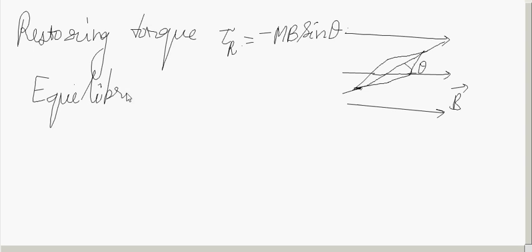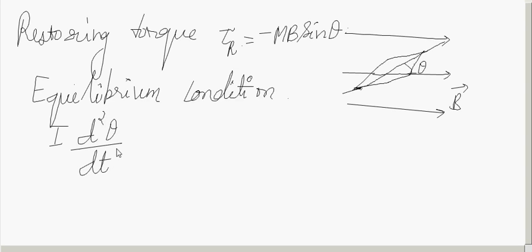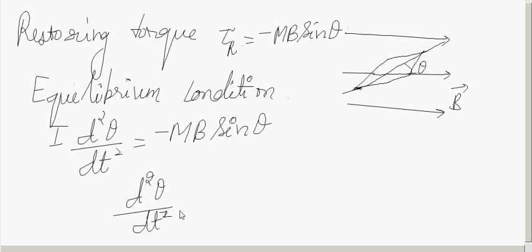or under equilibrium condition, if I is the moment of inertia of this magnet, then I d square theta by dt square is equal to minus mB sin theta, or I can say d square theta by dt square is equal to minus mB by I into sin theta.